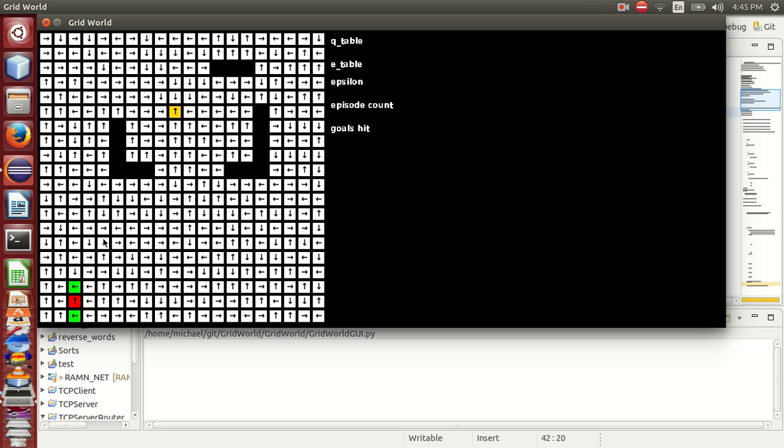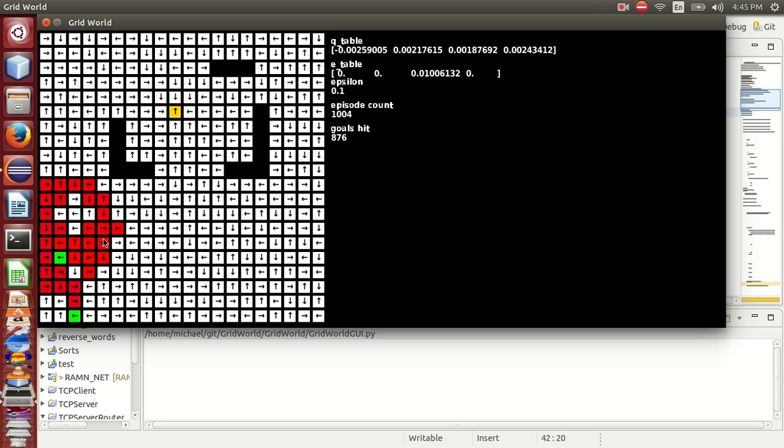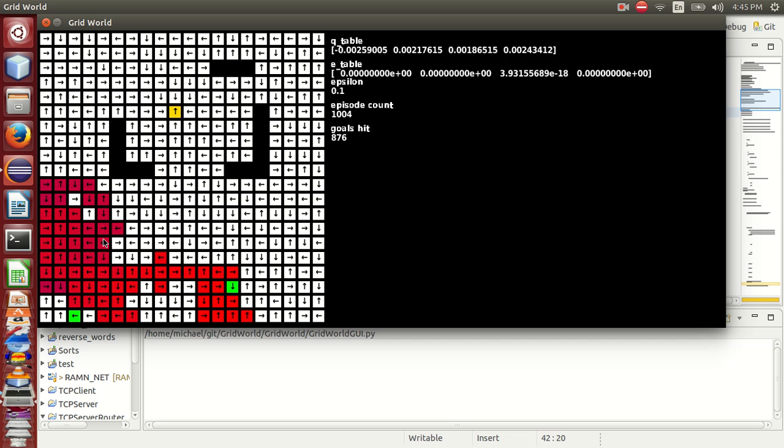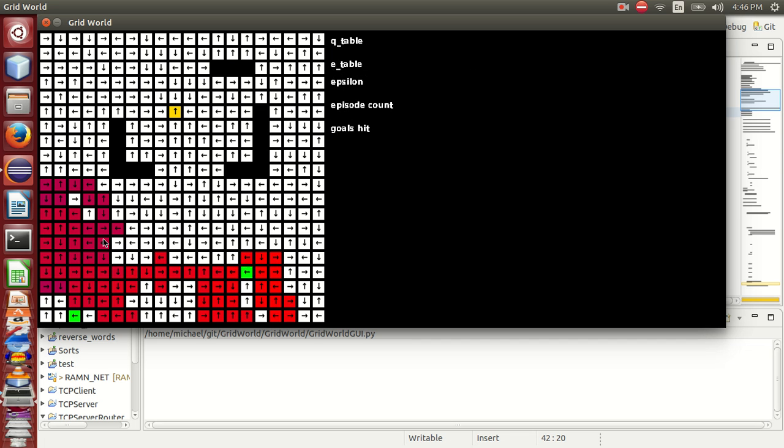Basically it's just a way to visualize the reward when the agent hits a terminal state. The redder it is, the higher the reward will be for it. The more blue it is, the lower the reward will be.